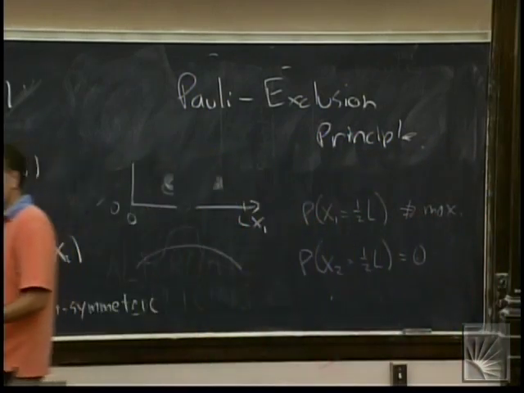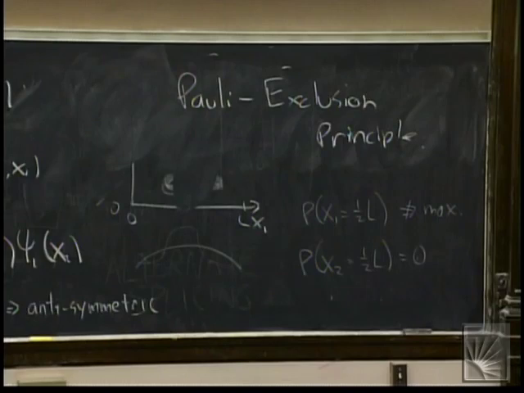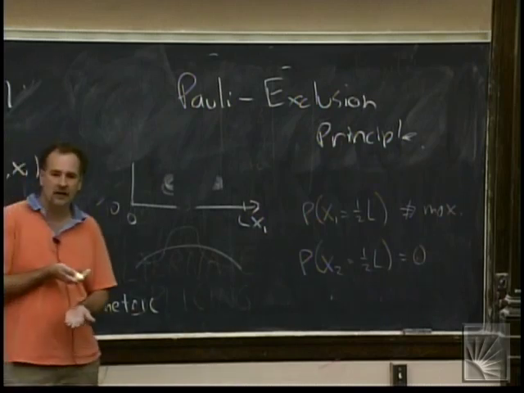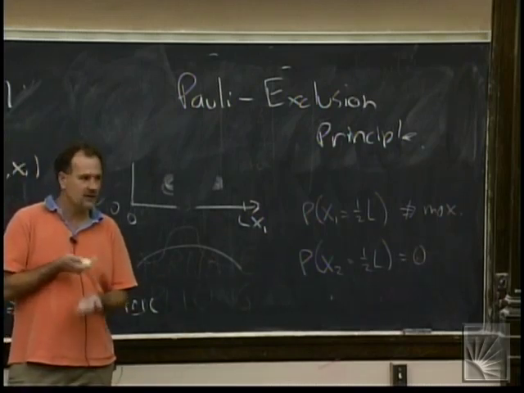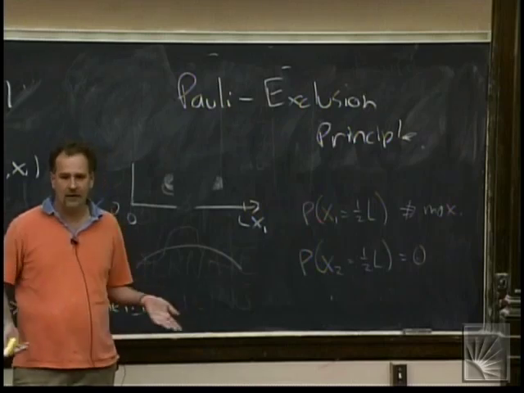If I stick one electron in a particle in a box, and I try to stick another electron in the box, what has to happen to that second electron? If the first electron went into the n equals 1 state, then the next electron has to be in an n equals 2 or 3 or 4 or whatever state. So the second particle that goes in has to be at a higher energy. And so the system has to have more energy, period.